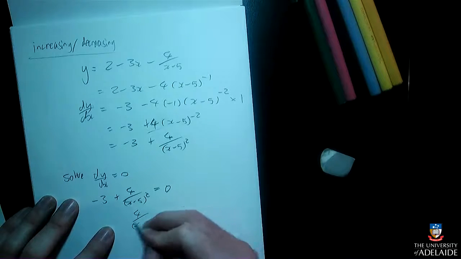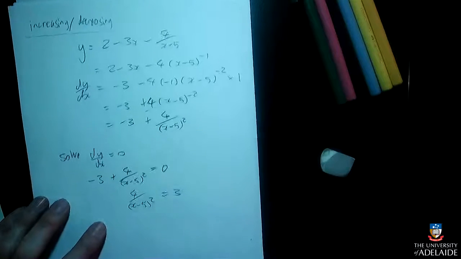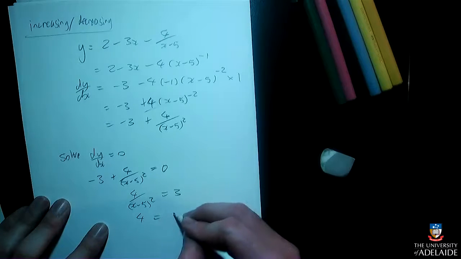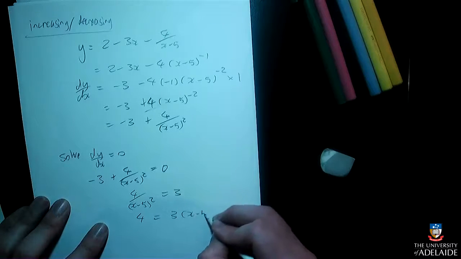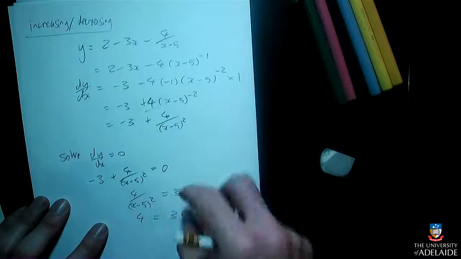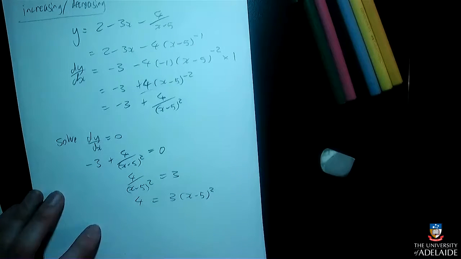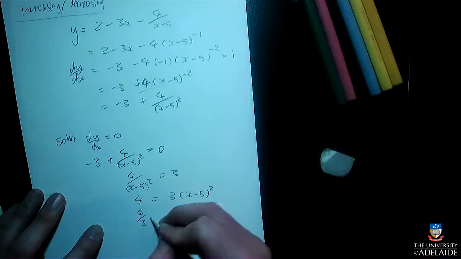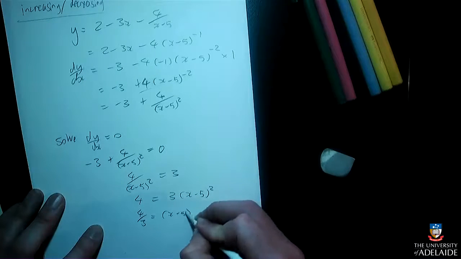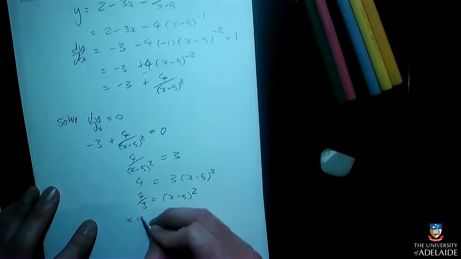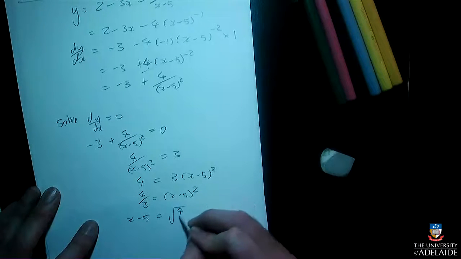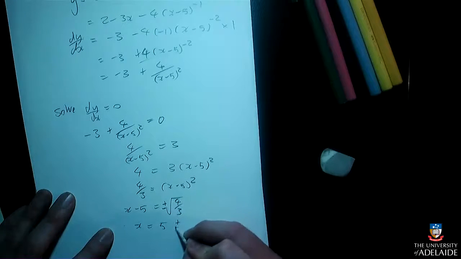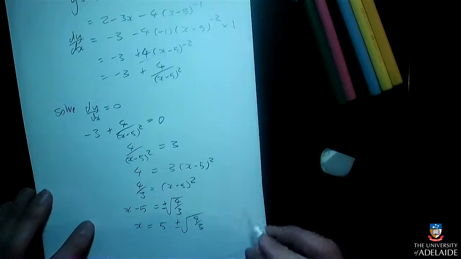It's the furthest thing from the x, so I'll move it first. The fact it's on the bottom is bad, so I might just multiply this and this by x minus 5 squared. And then 4/3 is x minus 5 squared, so I can do the square root. I'm just going to simultaneously switch it around. And so x is 5 plus or minus the square root of 4/3.